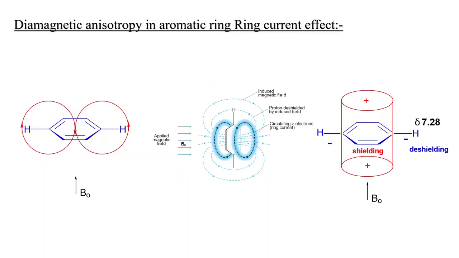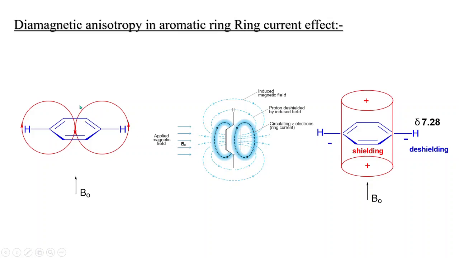Now come to the diamagnetic anisotropy in the aromatic ring. If you see the benzene ring, it will generate circulating pi electrons like this. You can see the pi electrons are revolving around this ring, so that will generate a ring current, and that will produce an induced magnetic field which opposes the applied magnetic field at this region.